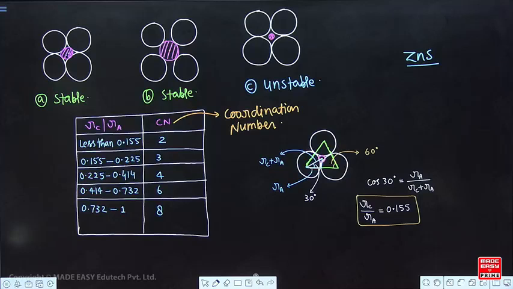So these relationships are only approximate, and there are exceptions also.